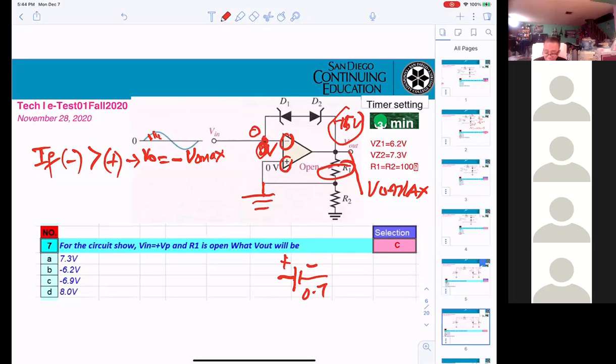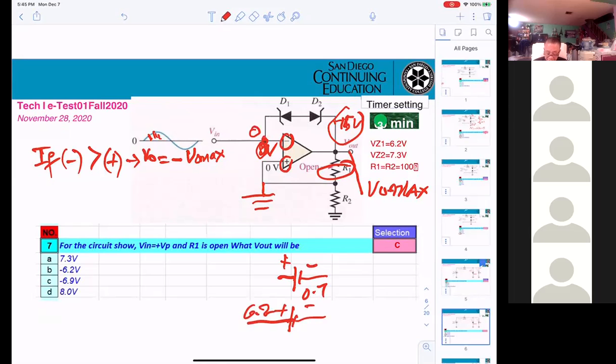And D1 will be breakdown. That means 6.2 volt, positive, negative, 6.2.